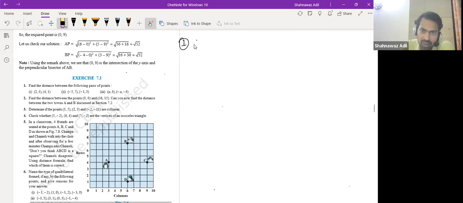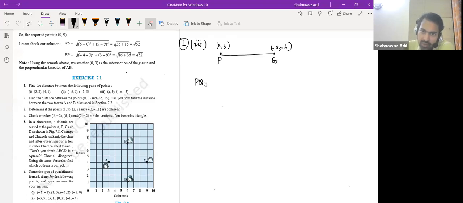Okay, third one is my turn, right? We have this point which is (a, b), right? And then the other point which is (minus a, minus b). So this is P and this is Q. So PQ would be what?